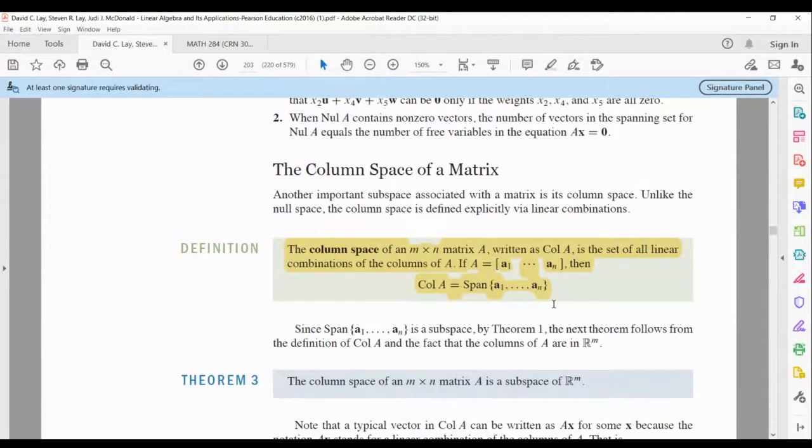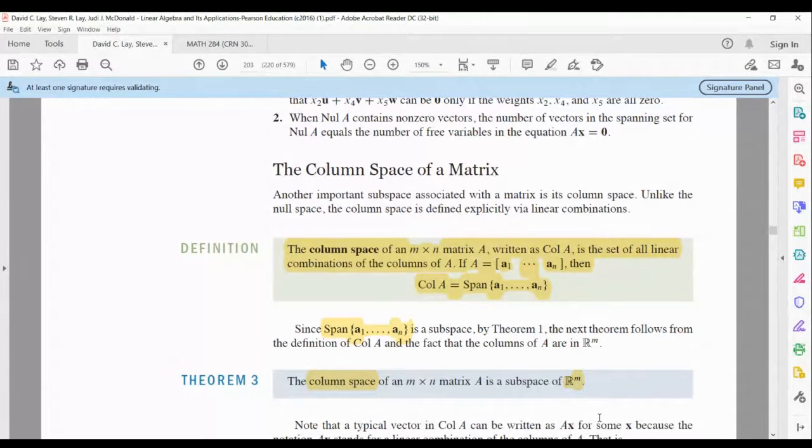It's the span of the column vectors A1, A2, A3, up to AN of the matrix A. And since the span of a set of vectors is a subspace, that means the column space is going to be a subspace of Rm.